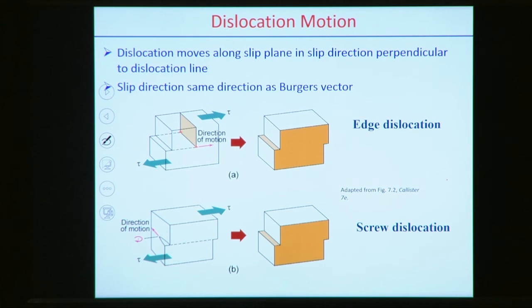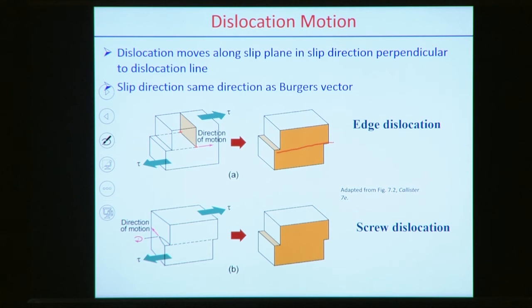This plane represents the shear plane, and the atoms in the bottom and upper layers move with respect to each other. The direction of motion is given, and the slip plane and dislocation line are also defined.